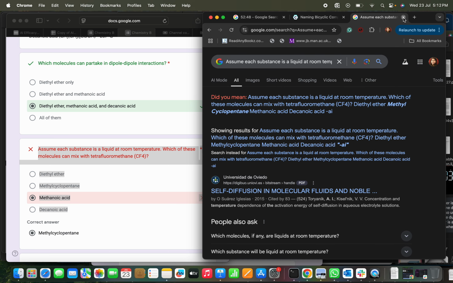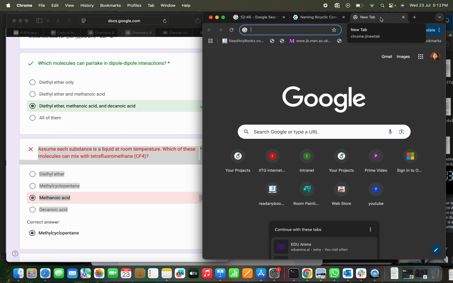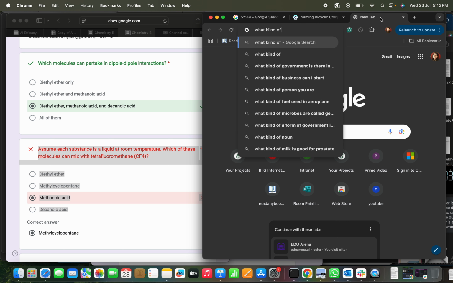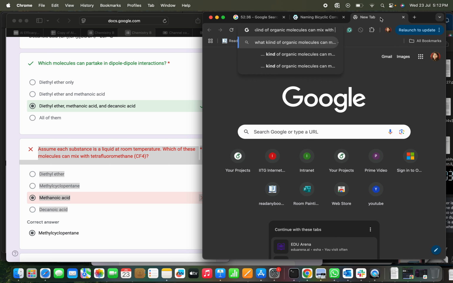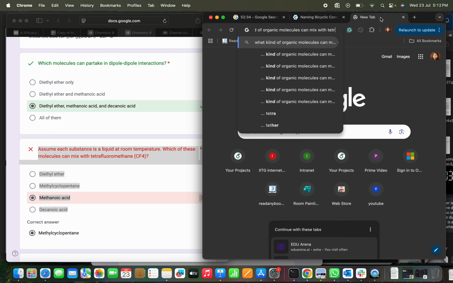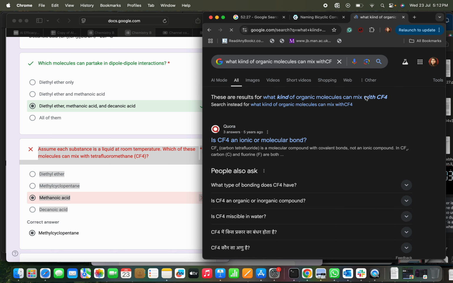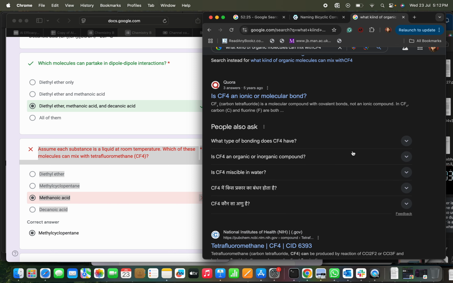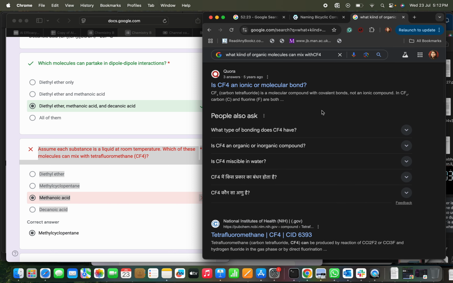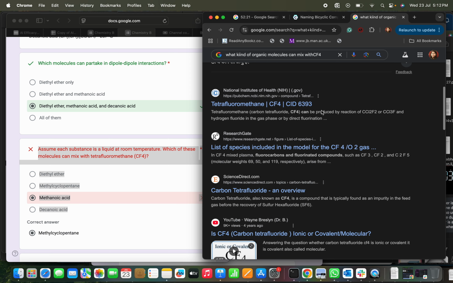Let's frame this question like that: what kind of organic molecules can mix with CF4? CF4 is a molecule with covalent, not ionic, bonds. Okay.